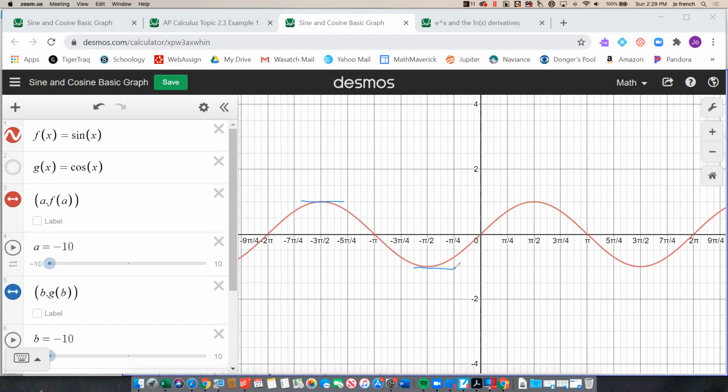So at each of these peaks and valleys, the value of my derivative would be 0 because the slope of the tangent line is 0. So at negative 3 pi over 2, negative pi over 2, positive pi over 2, and positive 3 pi over 2, I know that my derivative value will be 0.